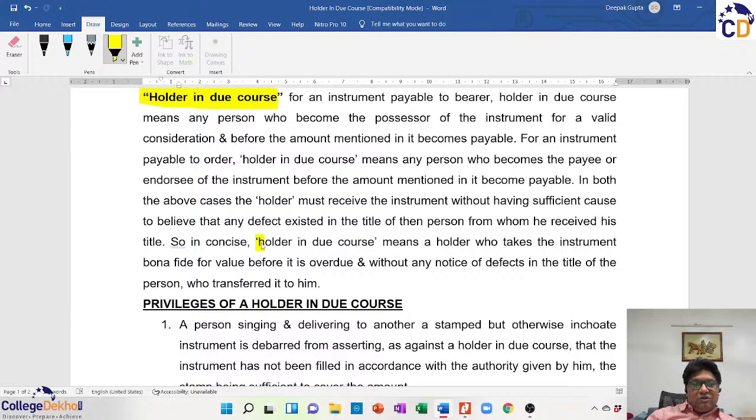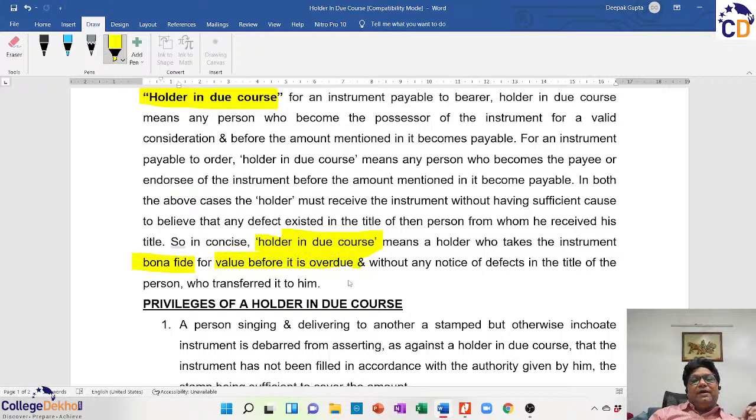So when we come to this holder in due course के तीन characteristics, the first is that he has taken the instrument bona fide. That is without any wrongful impression, that is in the way it has to become the holder, and the instrument has been given to him, that is he has become the holder before it is overdue.